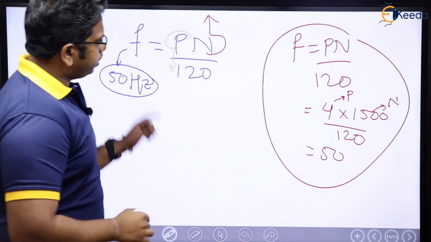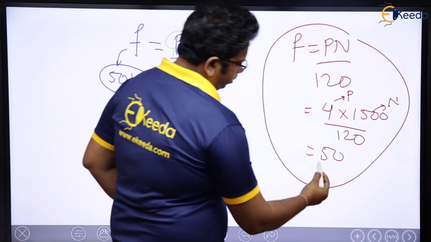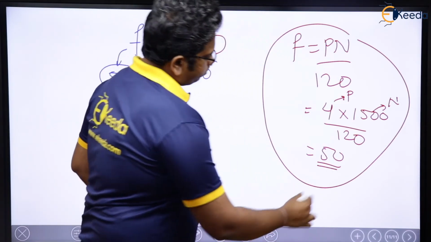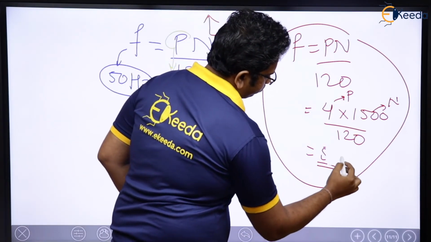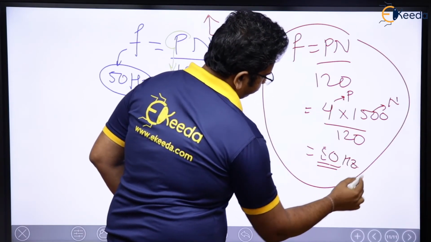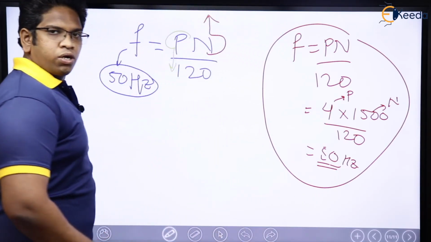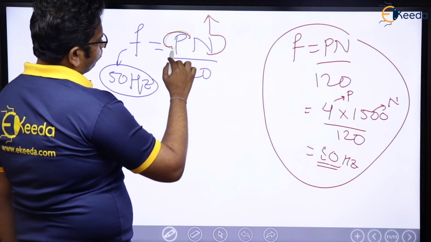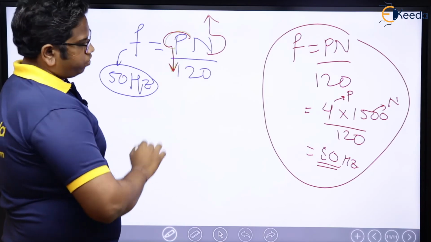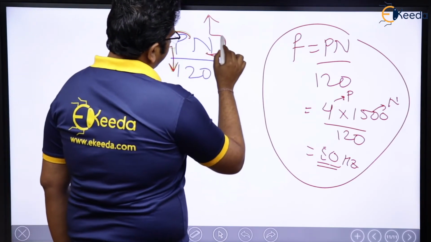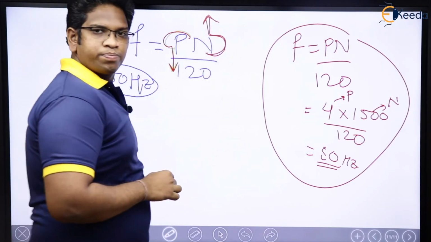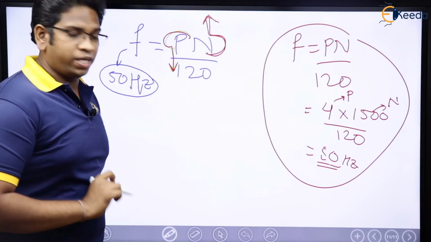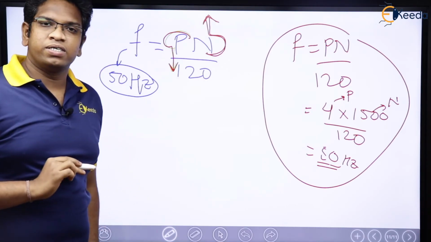Now, in order to have the same 50 Hz frequency, see here, if my number of poles are reduced, which means speed has to be increased or not? Now there is a beautiful coincidence.